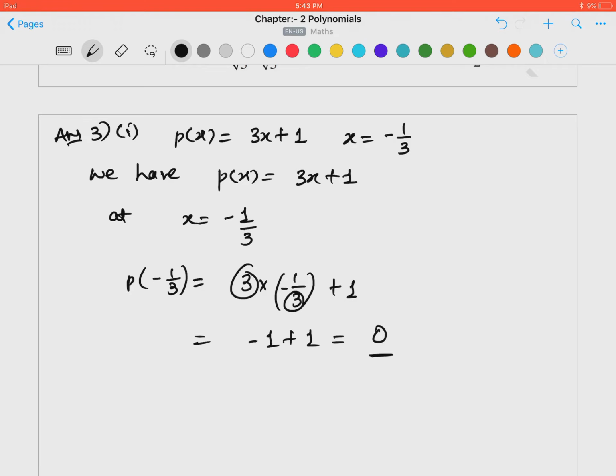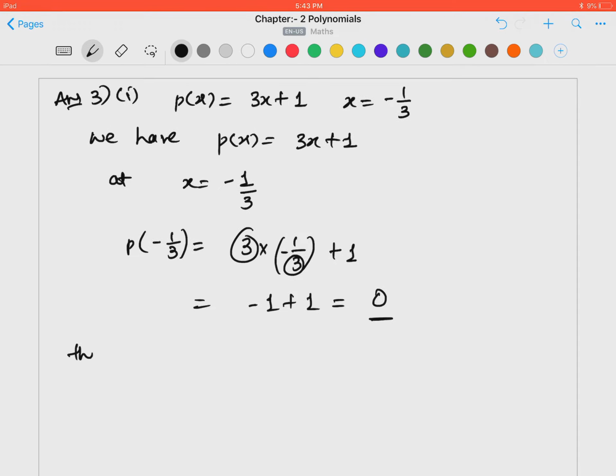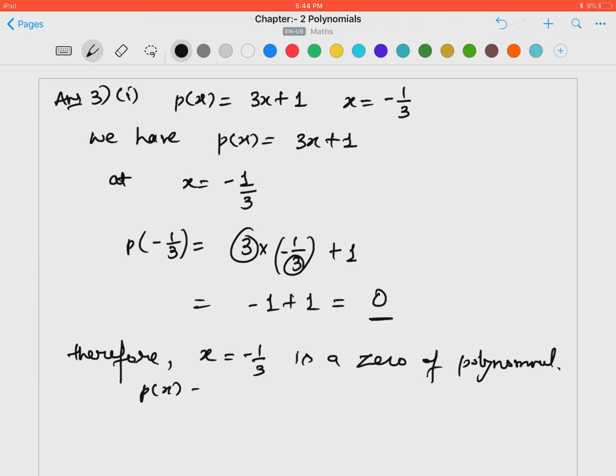So as the result is 0, we'll write therefore x equals to minus 1 by 3 is a 0 of polynomial, because at this value the polynomial becomes equal to 0, and that polynomial is px equals to 3x plus 1.